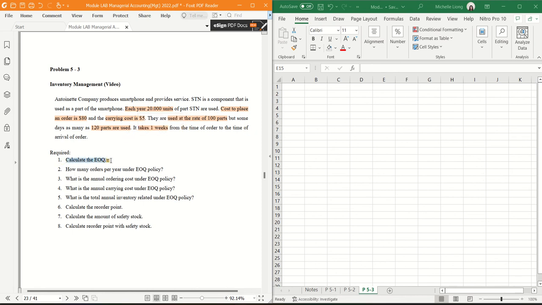Okay, the first one is calculate the EOQ, how many orders per year under EOQ policy, annual ordering cost under EOQ, what is annual carrying cost, and then total annual inventory, reorder point, amount of safety stock, reorder point with safety stock. Okay, the first one.